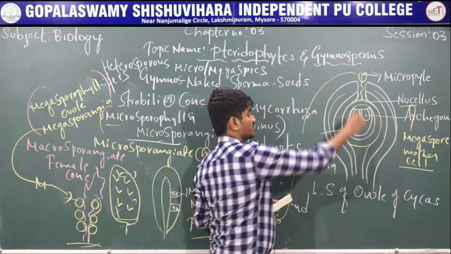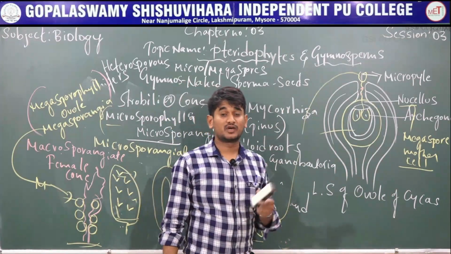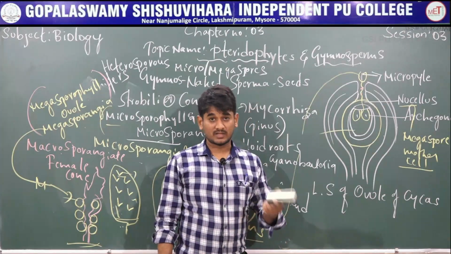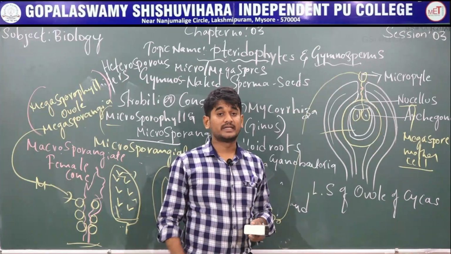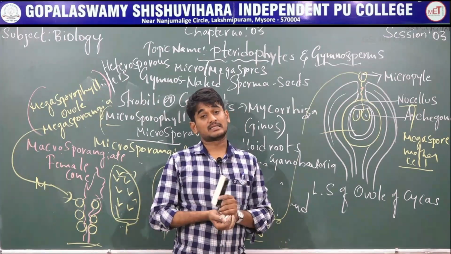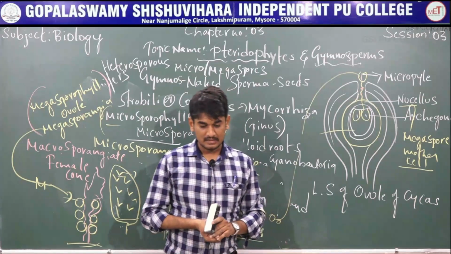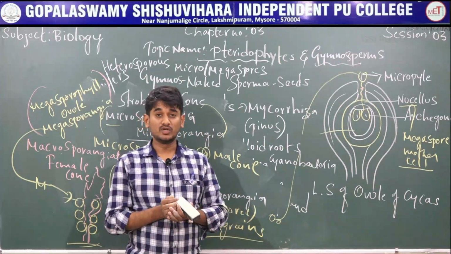The male gametes fuse with the female sex organs or archegonia to form zygote. Later the zygote develops into embryo, and the ovule develops into seed. The seed is not enclosed by any ovary wall. These are all about gymnosperms.